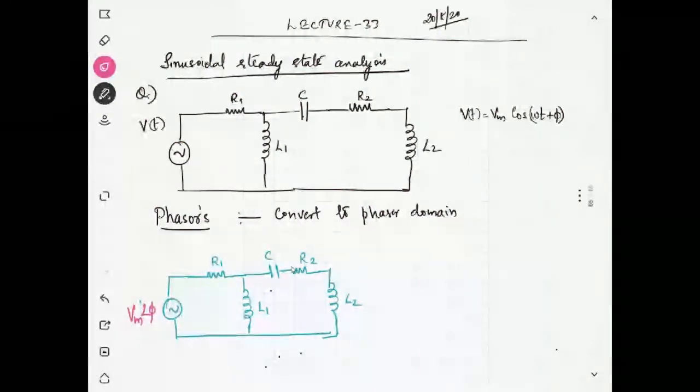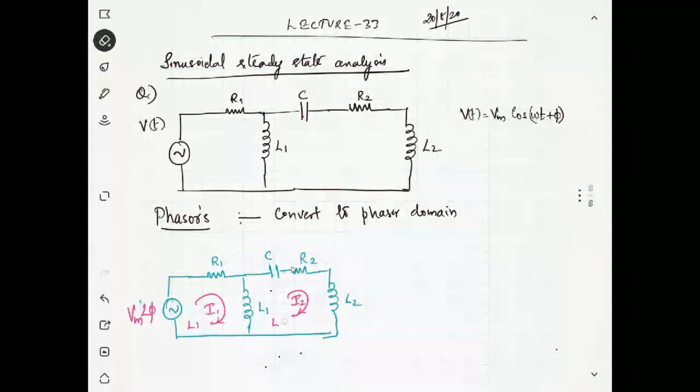It's very easy. In the phasor domain, we will mark all the currents. You know how to write the mesh equation, the same procedure as in DC, nothing different, but you are solving using phasors. This is loop 1 and this is loop 2.